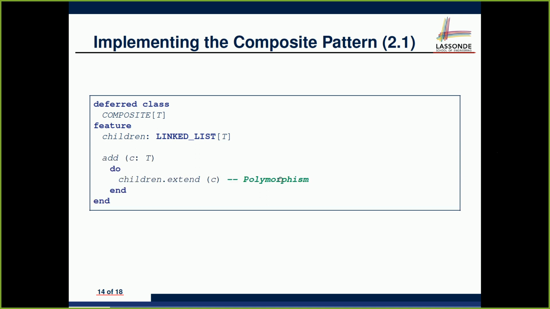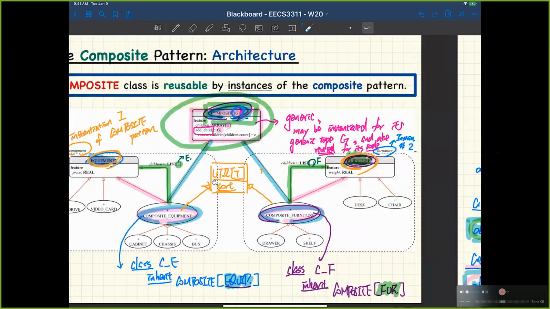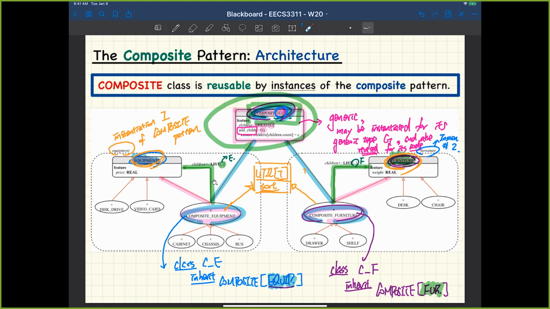Okay, polymorphism over here simply means that the C here is of type T, which means whatever I can add into the children list will be a descendant class. For example, you can see we're talking about add child over here, right?